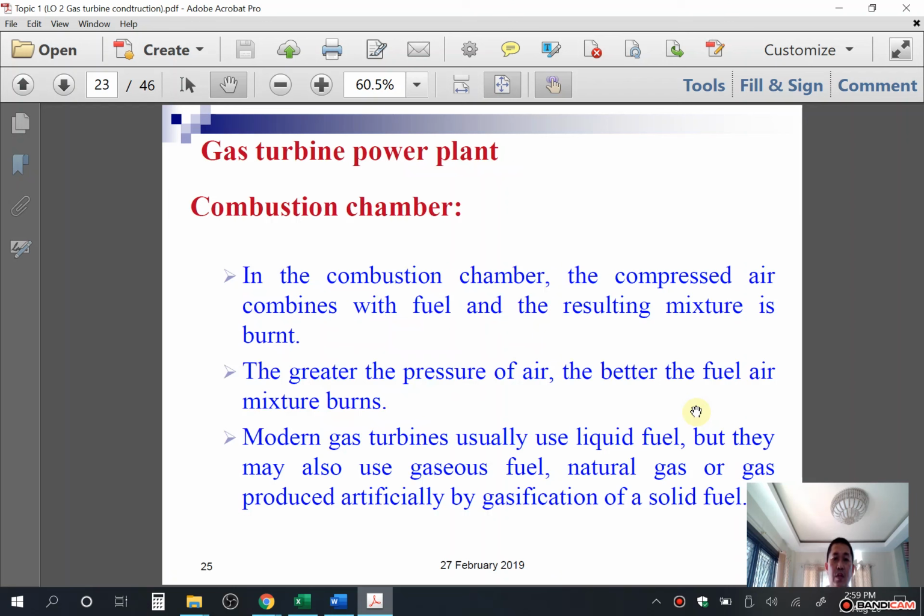Gas turbine plant, combustion chamber. So in the combustion chamber, the compressed air combines with the fuel, and the resulting mixture is burned. The greater the pressure of air, the better the fuel mixture burns.